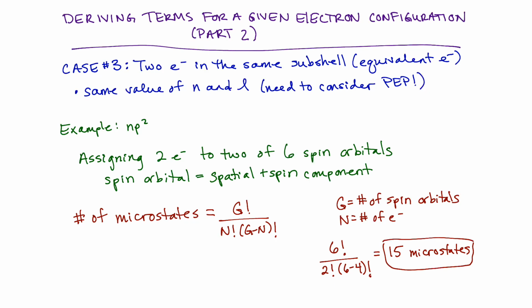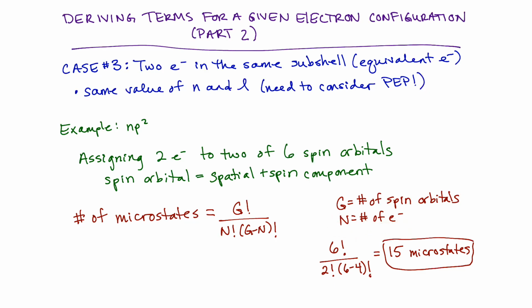Rather than having to sit there and try to devise by hand all of the possible combinations of how your electrons can go into those 6 spin orbitals, we can do this nifty calculation where we just take into account the number of spin orbitals, which is given by g, and our number of electrons, which is our n.